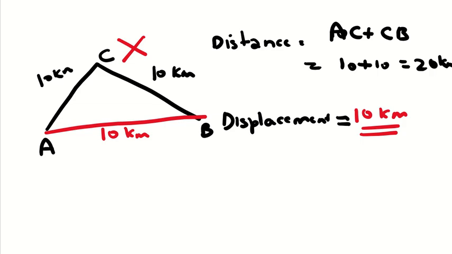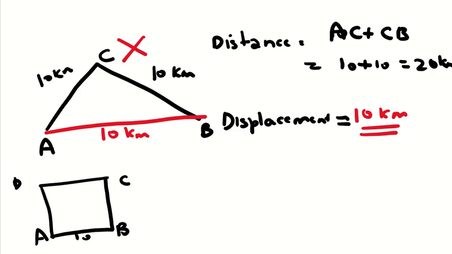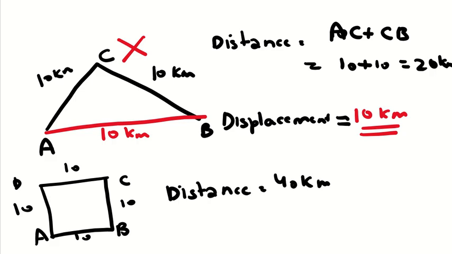Now let me take another example. If a body goes from A to B, B to C, C to D, and then again D to A, all magnitudes being 10, the distance I calculated earlier came out to 40 kilometers. But what does displacement mean?